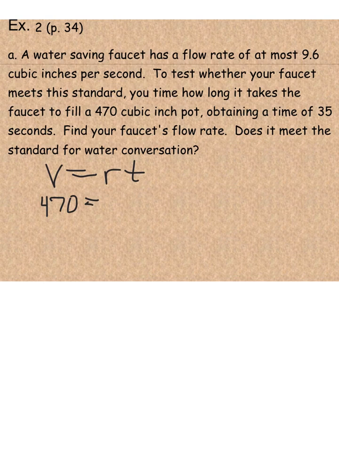The rate, we don't know. And the time was 35 seconds. So if we divide 470 by 35, that's going to give us a rate of 13.4 cubic inches per second.